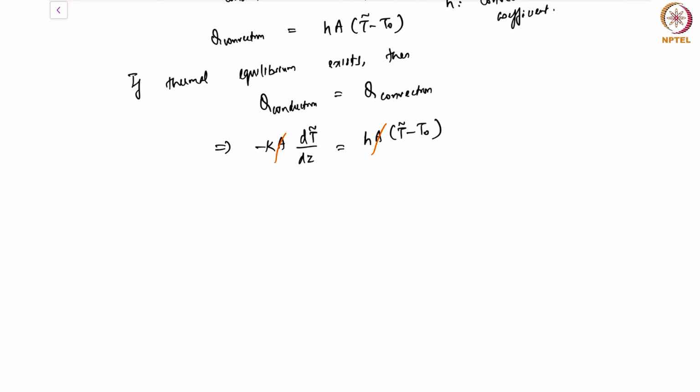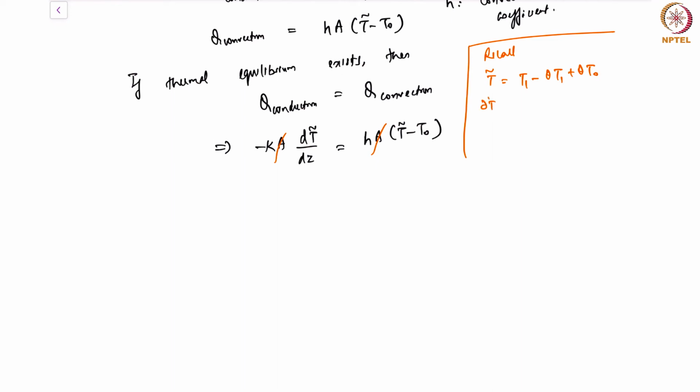So recall that T hat is nothing but T1 minus theta T1 plus theta T naught.